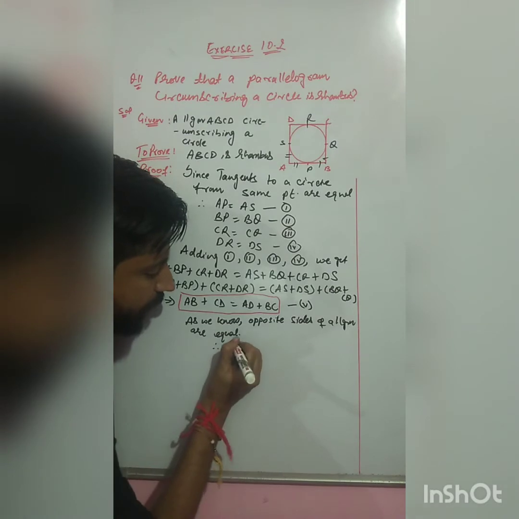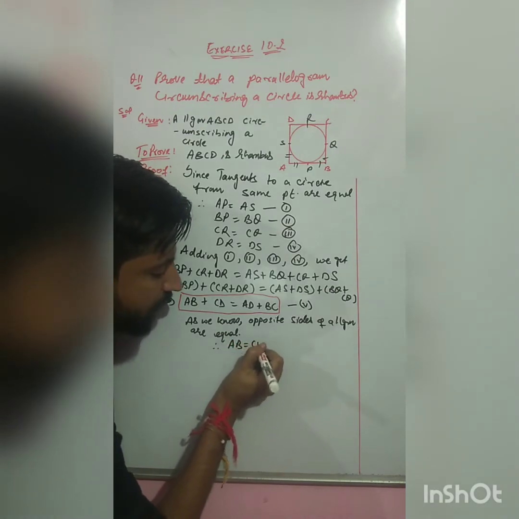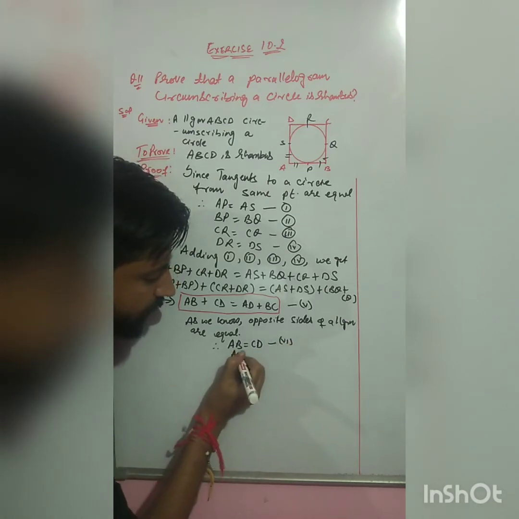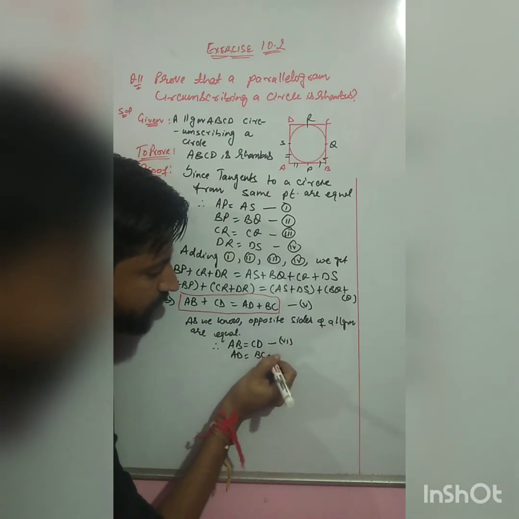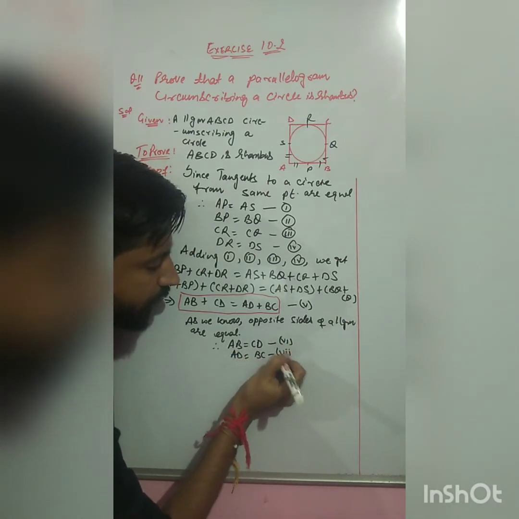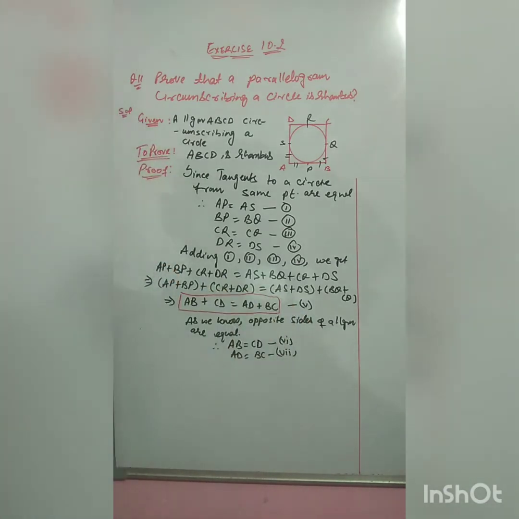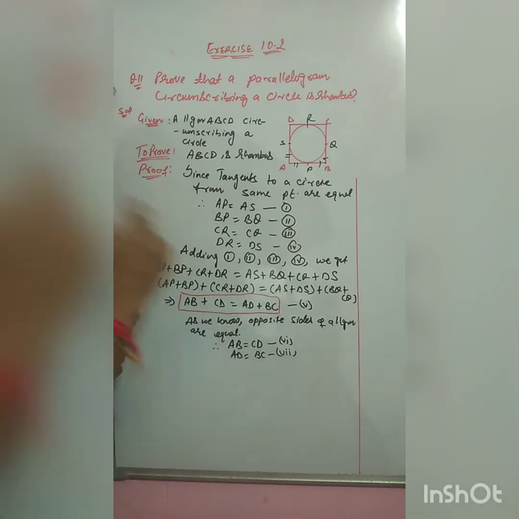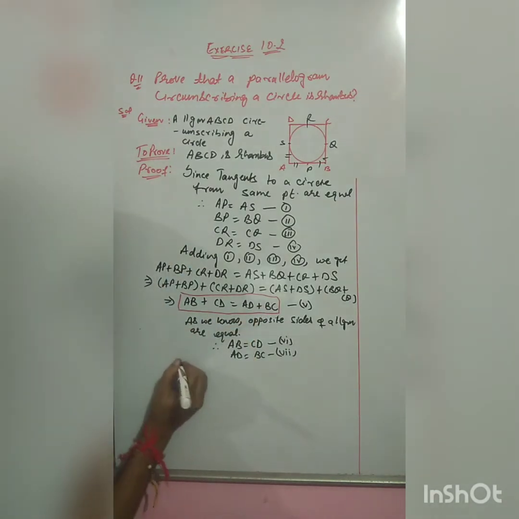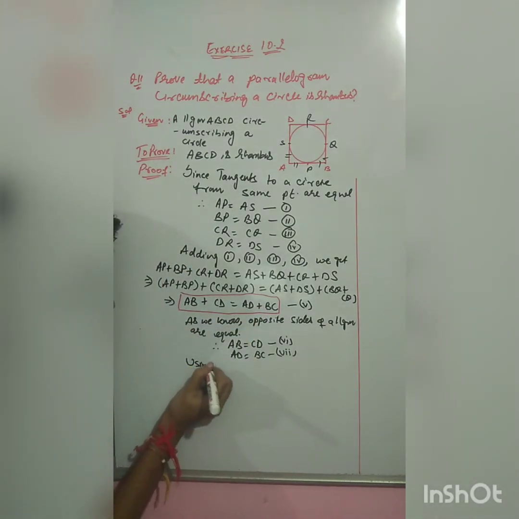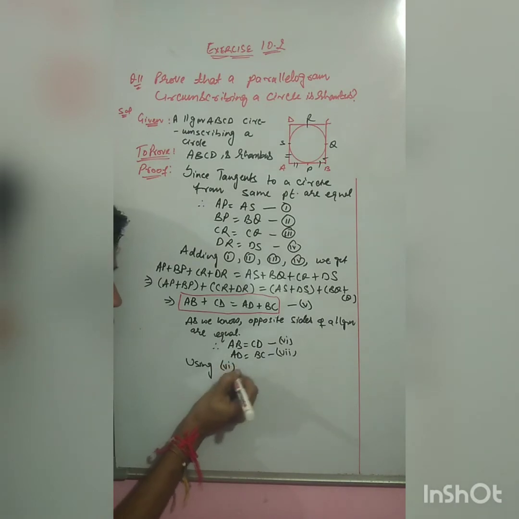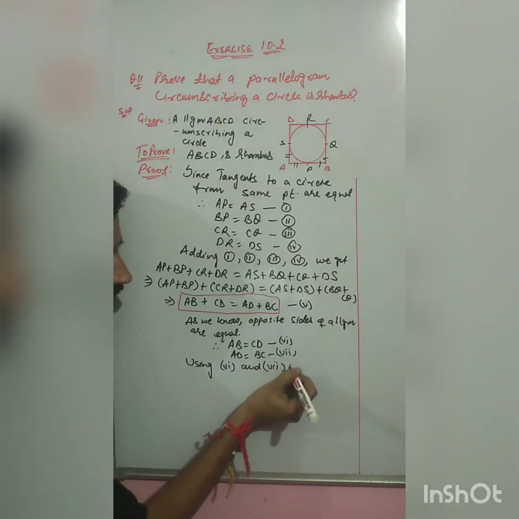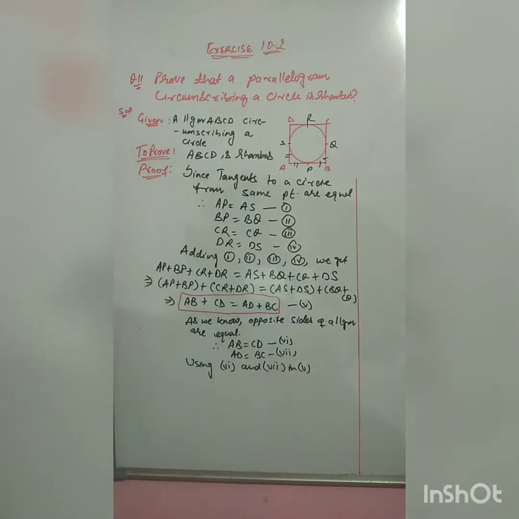Therefore, AB is equal to CD, equation 6. AD is equal to BC, equation 7. Now if we use equations 6 and 7 in equation number 5, what do we get?